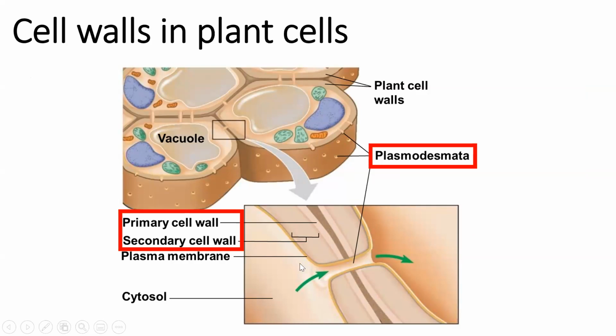Why would you need a cell wall in plants? Well, plants have to be able to regulate water. And if there's an overabundance of water, it needs to be able to handle it.